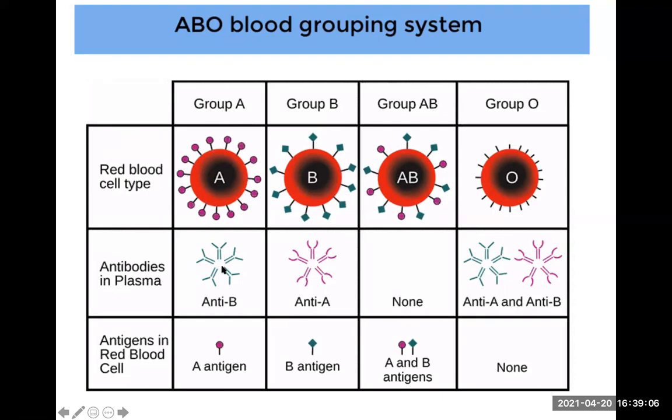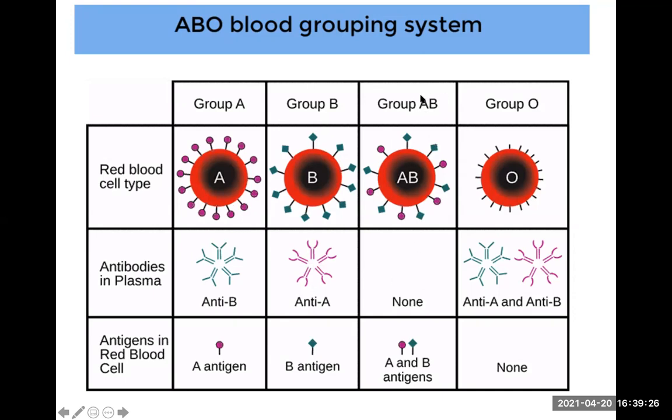You don't automatically have these antibodies, only once you get exposed. Same thing for B. If you're blood type B, you have the B antigen. You have the ability to make anti-A antibodies if you ever get exposed to that blood type.